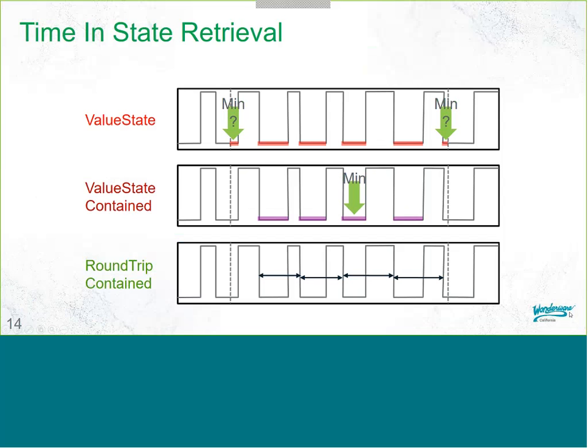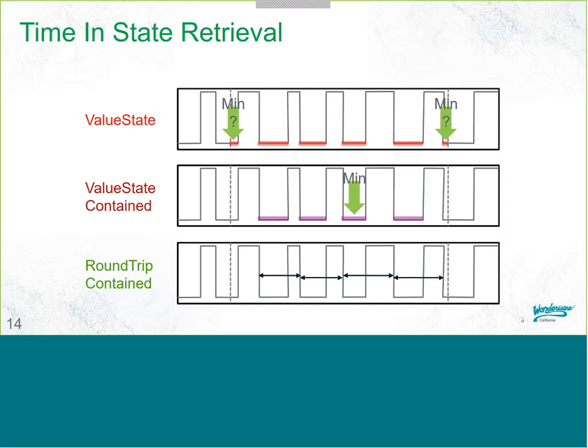So what we do is a value state contained, and within that, you can look at just the data of the full state. If it was in a 1, like the pump, for example, was on, then you'll be able to see just the time that it was on within that time frame that you picked for retrieval.